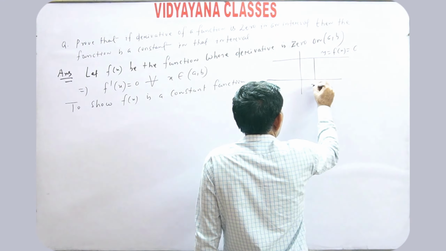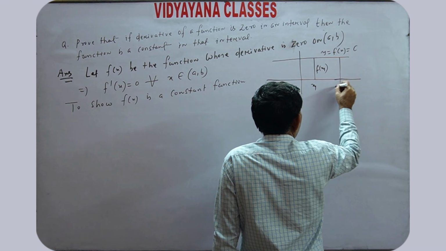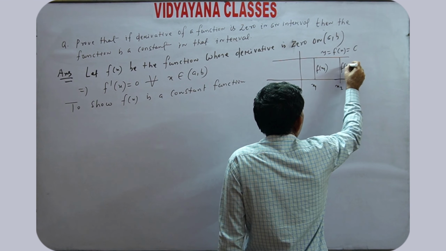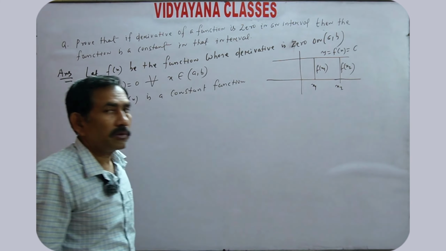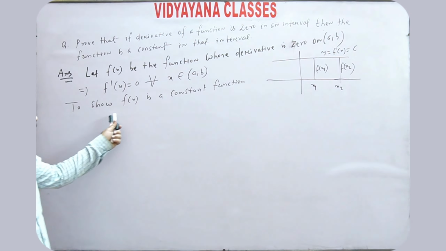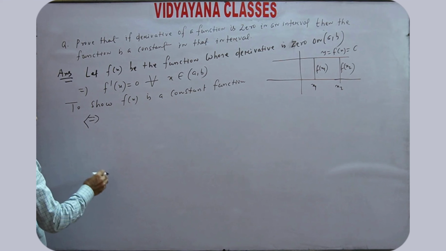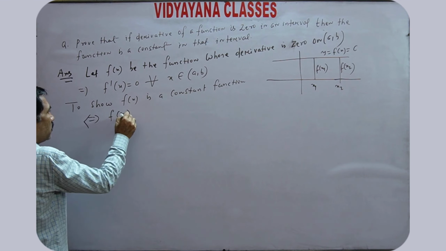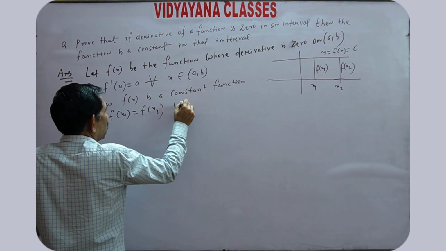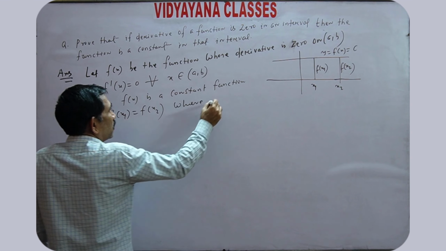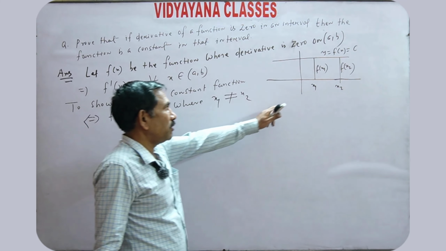The value at x1 is f(x1) and the value at x2 is f(x2). f(x1) is equal to f(x2) for the constant function, where x1 is not equal to x2.